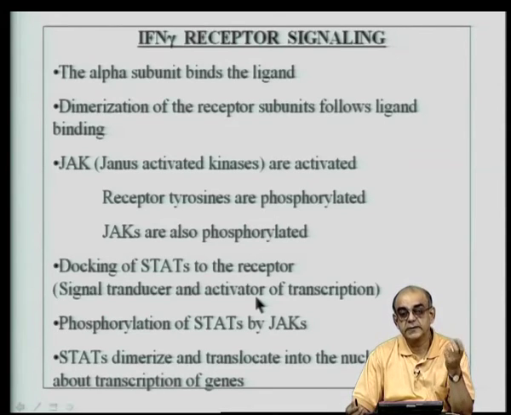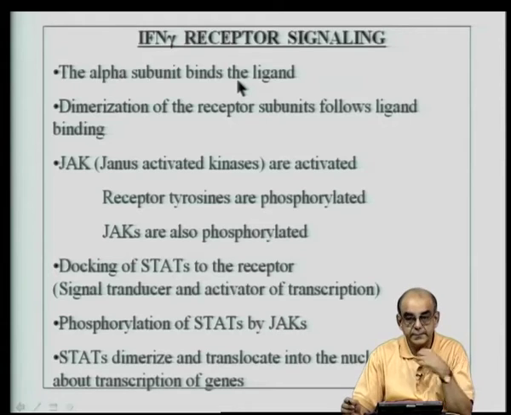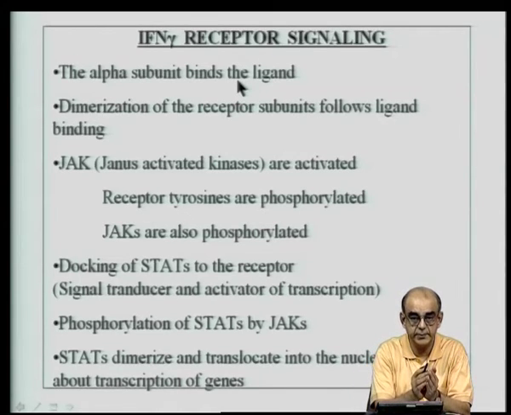So, this is called as a JAK-STAT pathway. So, what happens generally in these receptors is that the alpha subunit first binds the ligand. This binding of the ligand by the alpha subunit actually changes this alpha subunit in such a way that it dimerizes with another subunit.